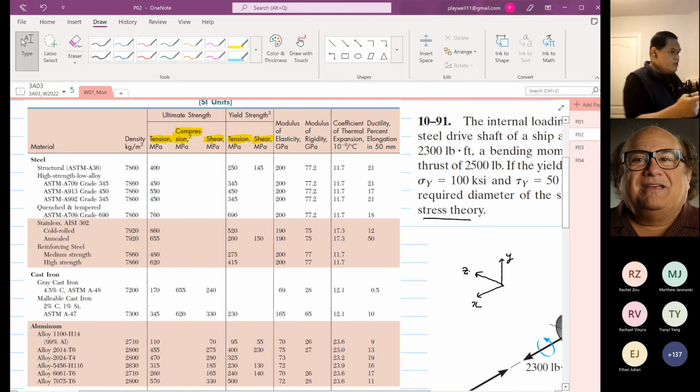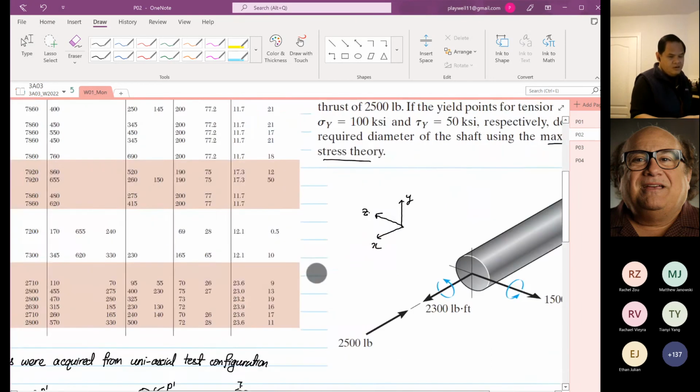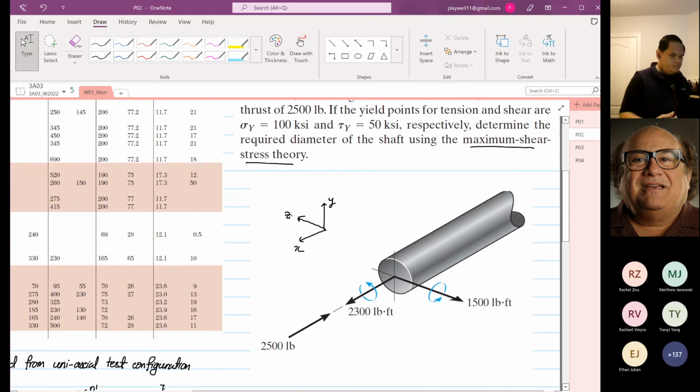It is not unidirectional. In reality, you have axial loading, torsion, and bending moment, all applying at the same time. When I was a young engineer, I just said, okay, let's ignore the shear, it's not important. You cannot ignore it.